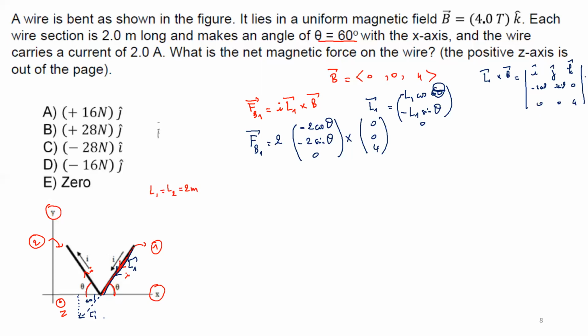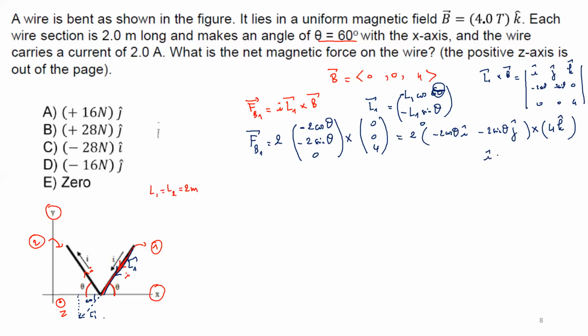So this is one way to do it. The other way to do it is to just say this is 2, and here you will have minus 2 cosine theta i hat, minus 2 sine theta j hat, and then this cross 4 k hat. And then you use what you know.